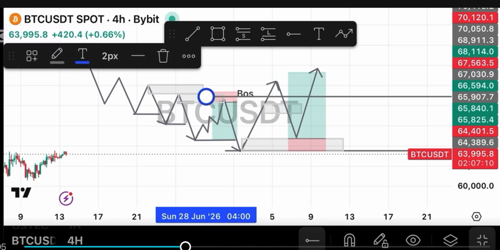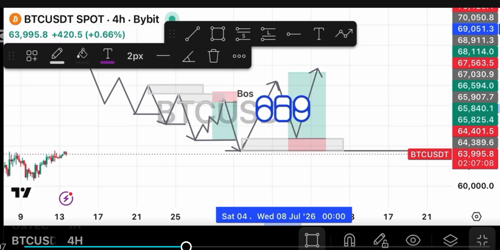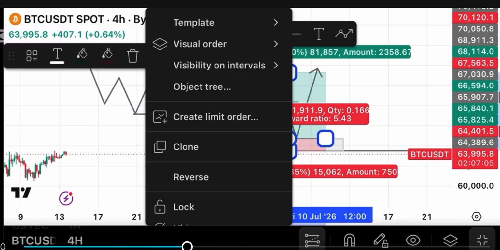All right. So with this illustration, let's go to our chart. Let me show you guys on the BTC chart.